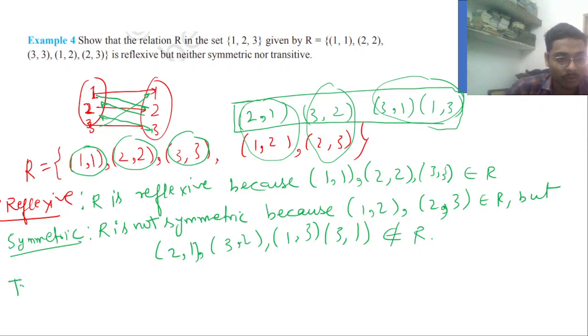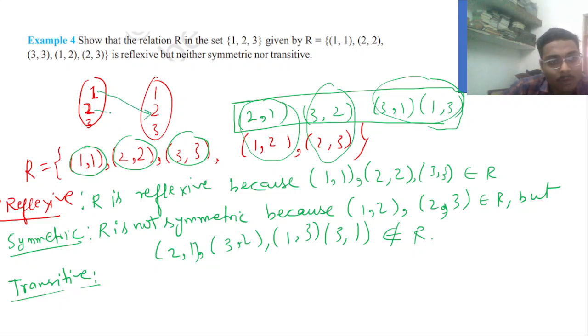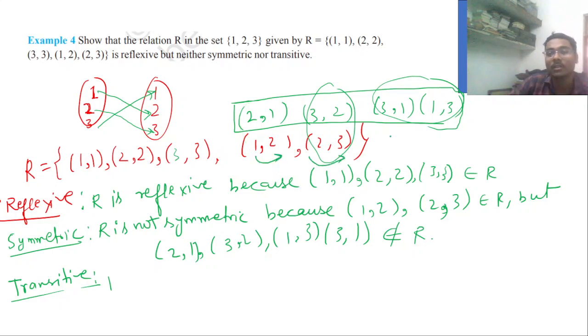Okay, now coming to the transitive part. Transitive will say that if you are going from 1 to 2, then you will have to go 2 to 3, and then you will have to go 3 to 1. Is this getting completed? Let me check. In the relation given here, 1 is going with 2, 2 is going with 3, but 3 is not going with 1.